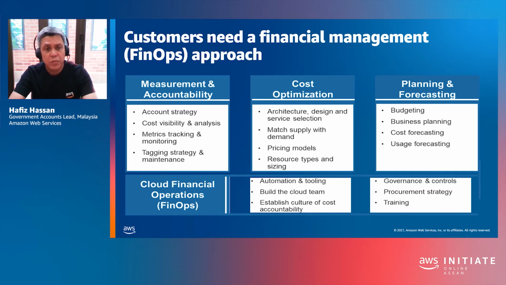So first, we need to put a practice around measurement and accountability. So this is where we focus on establishing cost visibility, tracking, and monitoring our organization cloud spend. How do we do this? Well, we need to create cost structure for the resources being deployed on AWS. And to do this, use AWS organization, where you can create multiple accounts under your AWS organization.